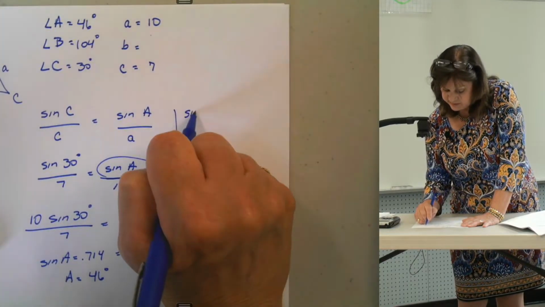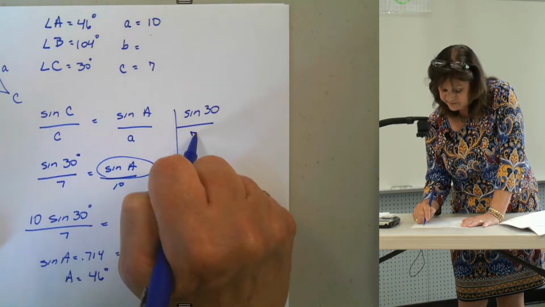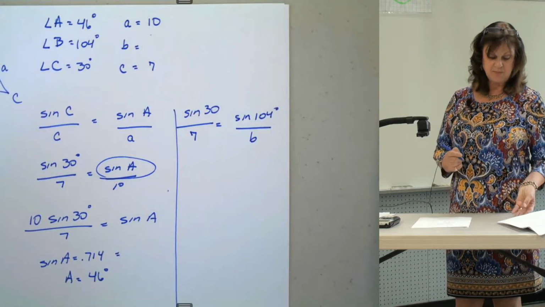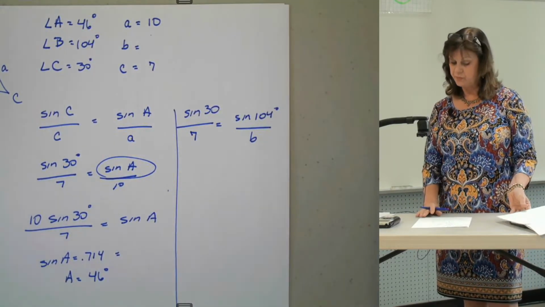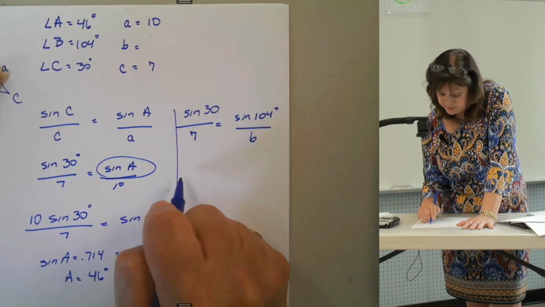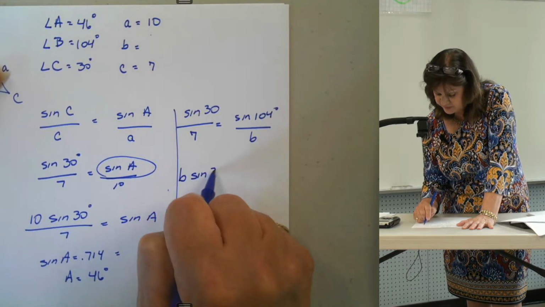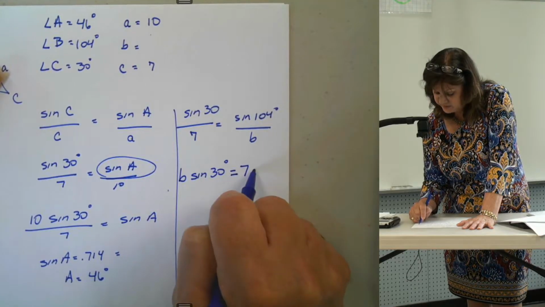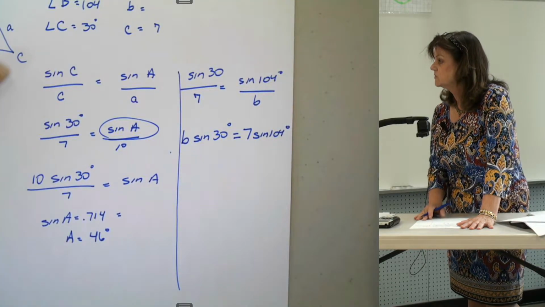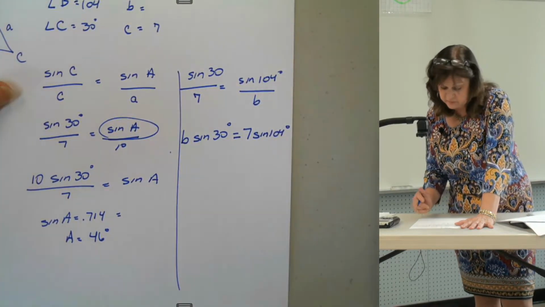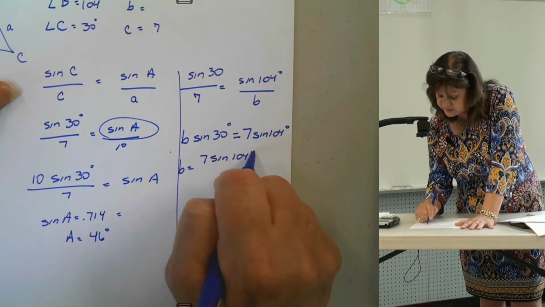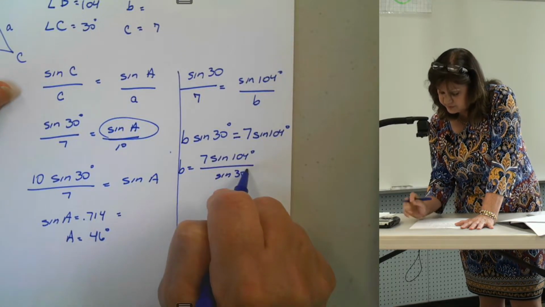Sine 30 over 7 is sine 104 over B. I'm solving for B. I need it out of the denominator. So B times the sine of 30 degrees is 7 times the sine of 104 degrees. So again, I'm isolating B. So B is going to be 7 times the sine of 104 degrees divided by the sine of 30 degrees.